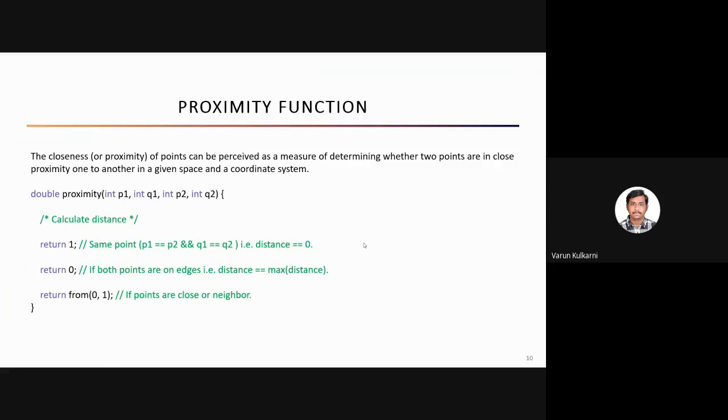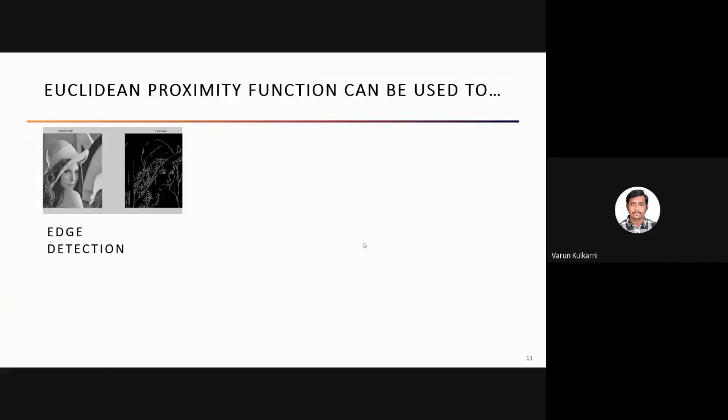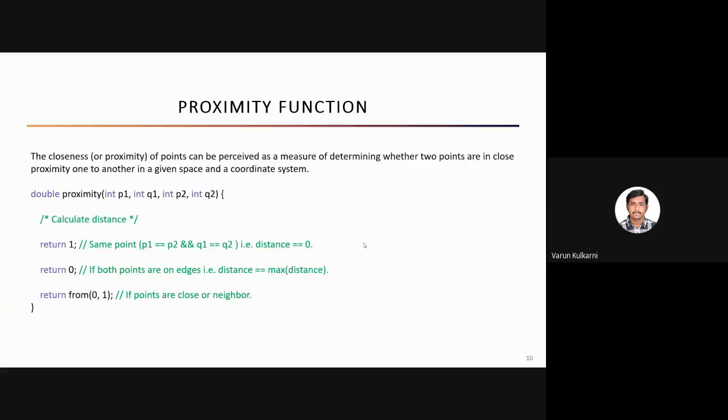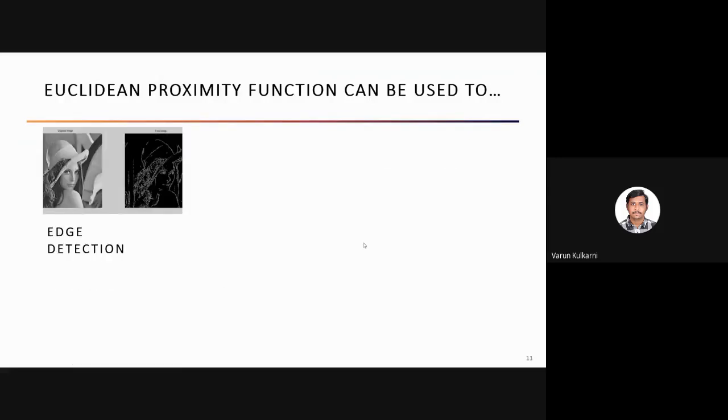What is the use of this proximity function? We can detect the edge: if it returns 0, those 2 points are very far apart, the farthest distance, so via that we can find the edge of a picture, that is edge detection.